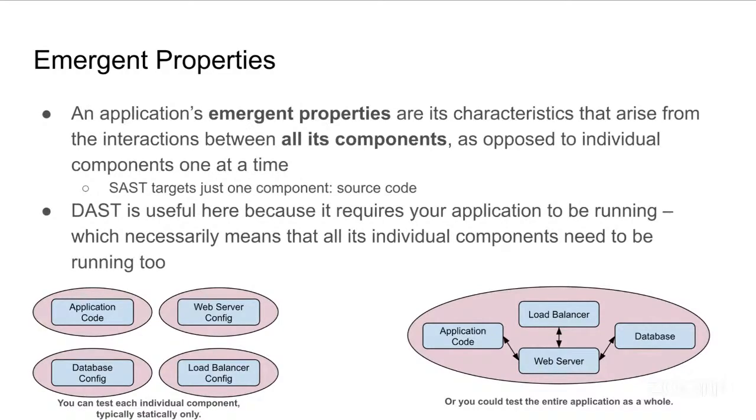A very nice security principle that I like is that sometimes we think about different components of our app, of what's running, right? Like you have the application code, and that's just one component. Then you have the web server config, what's hosting the app. Then you have the load balancers and the database.